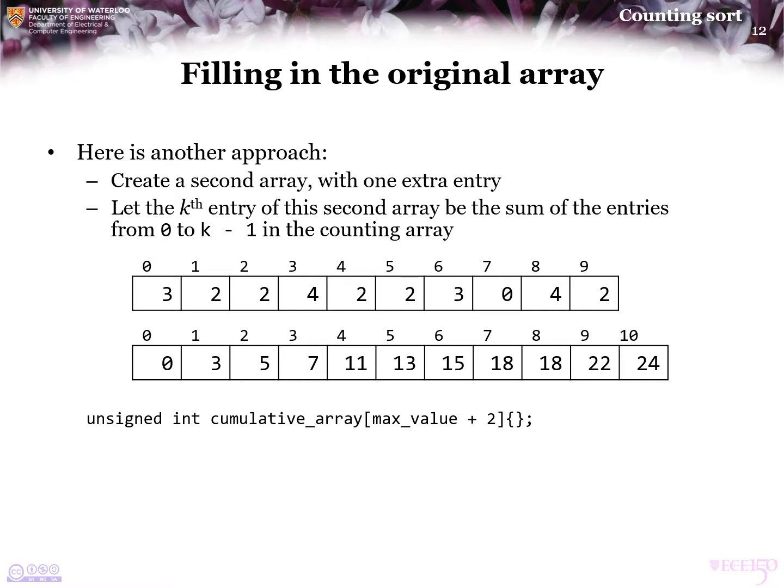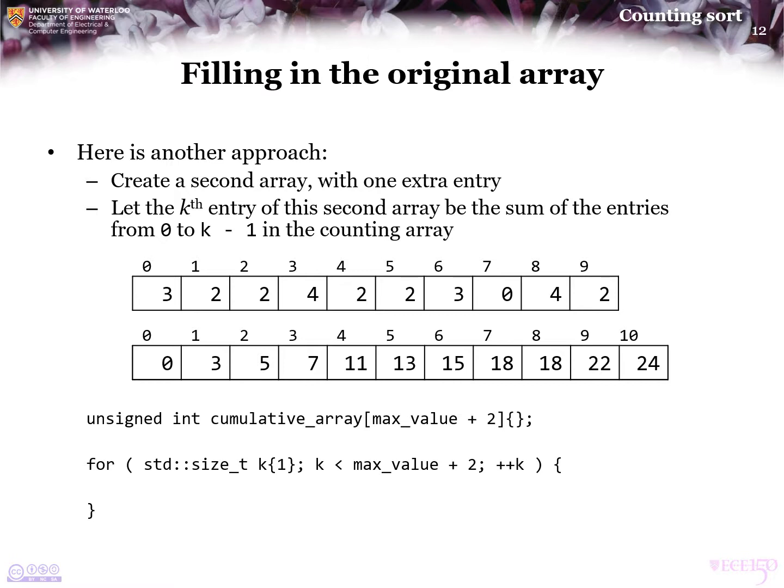And now we're going to do a loop. That loop will start at index k equals 1. Because the value of the 0th index is going to be 0 anyway, because there's nothing before the 0th index of the original array. So we're going to fill up this array starting at index 1.